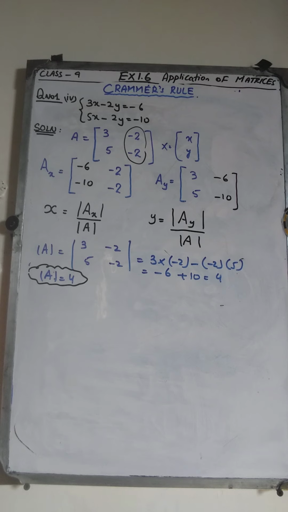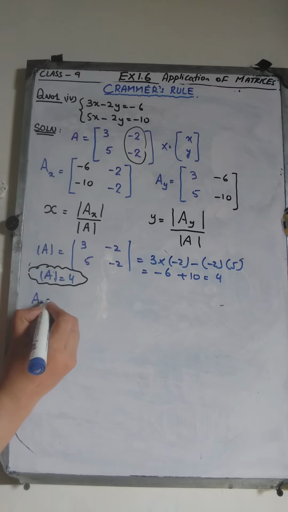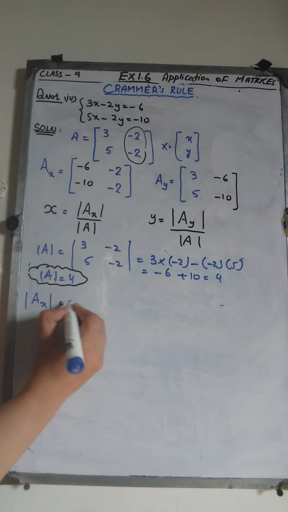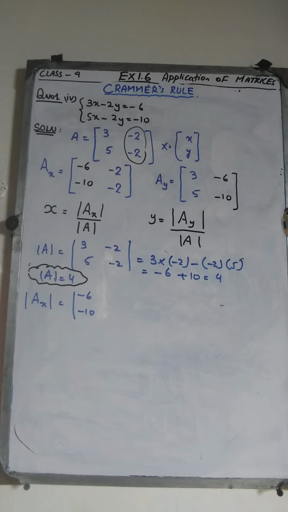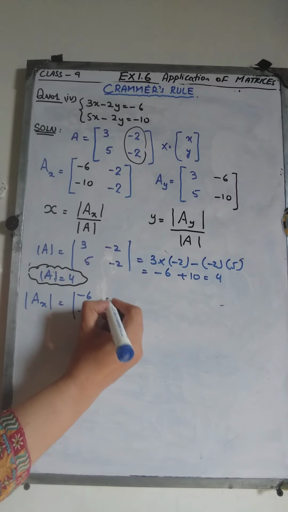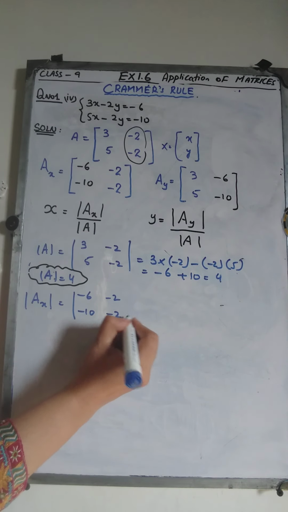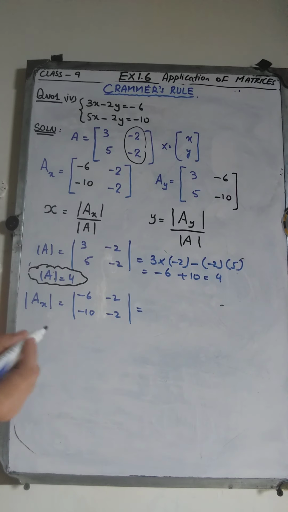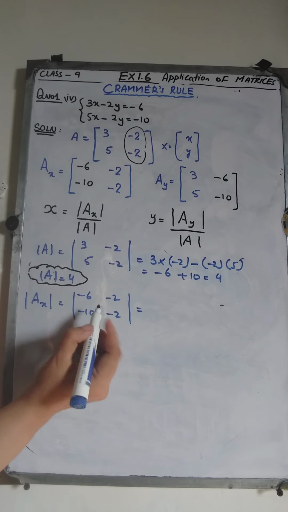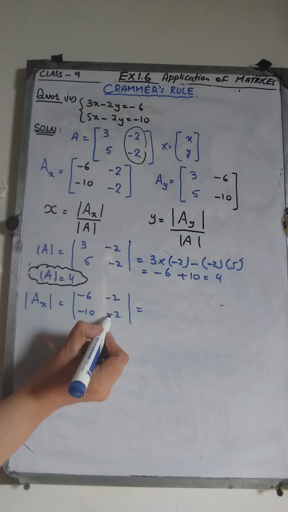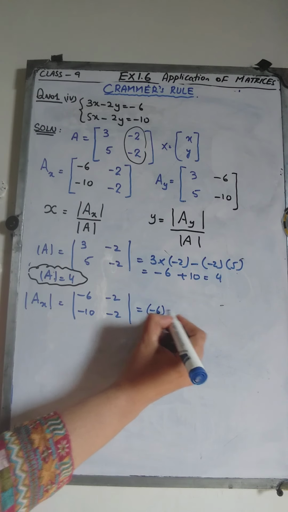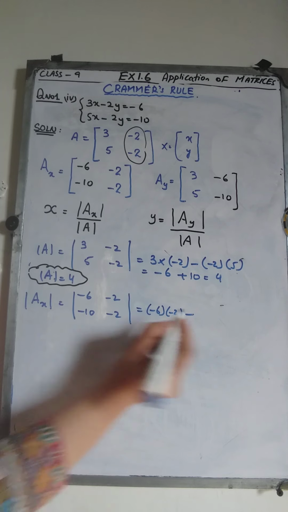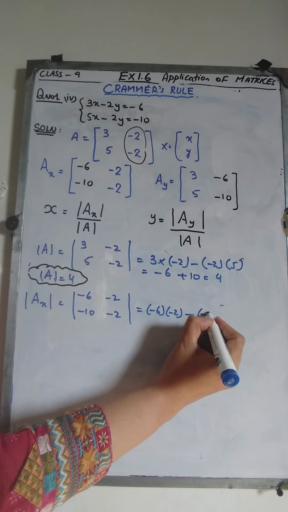The next step is to find the determinant of AX. Determinant of AX will be the determinant of this matrix, -6, -10, -2 and -2. To find the determinant, we multiply the first two numbers, then subtract the product of the other two.